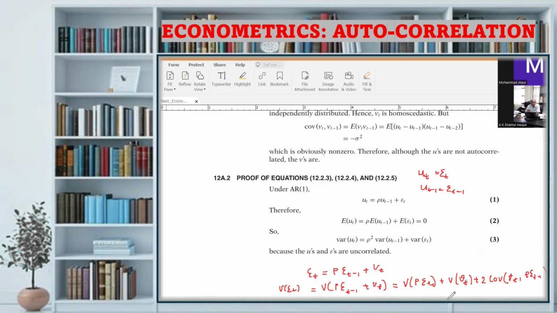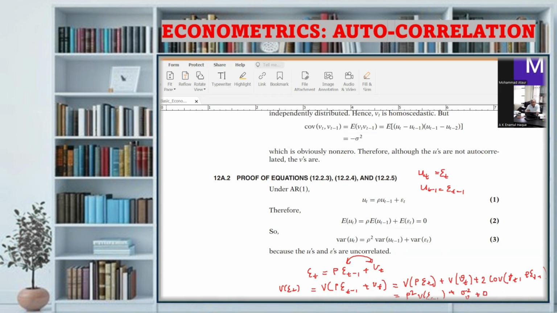That's the whole logic. This one would be, because this is a constant, rho will come out as a square, and this will be variance of epsilon t minus 1. Plus this will be sigma square nu t, which is another variance. And we're assuming these two are uncorrelated, so the rest is 0.